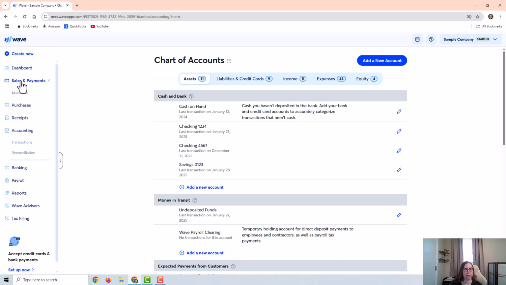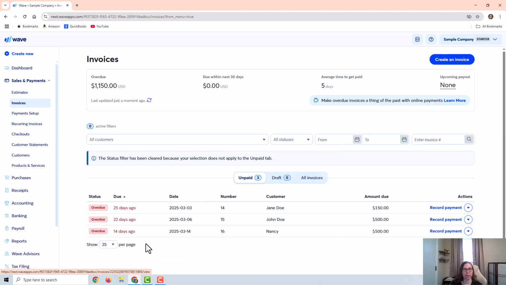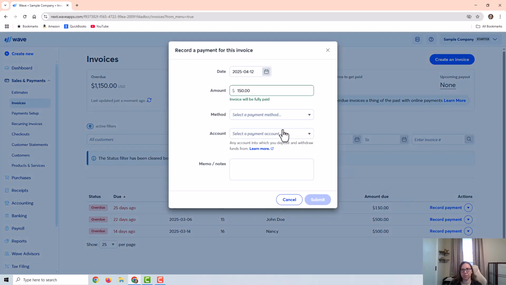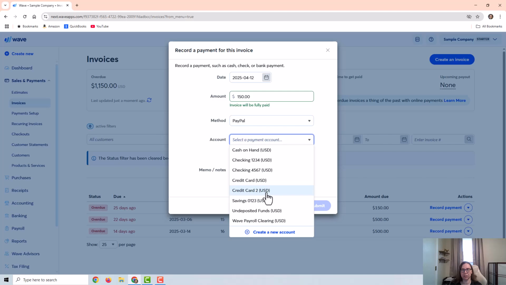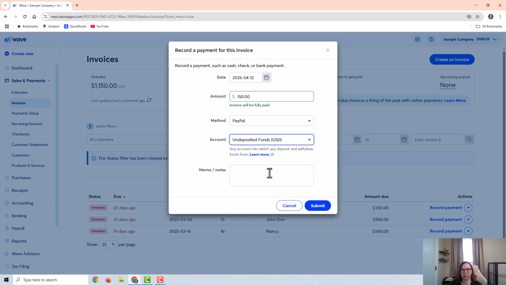I'm going to go to Invoices, and I already have a few invoices set up for this demonstration. I'm going to go ahead and click on Record Payment for all three of these invoices. My method will be PayPal, and the account I'm going to use is Undeposited Funds. And I'm going to submit.